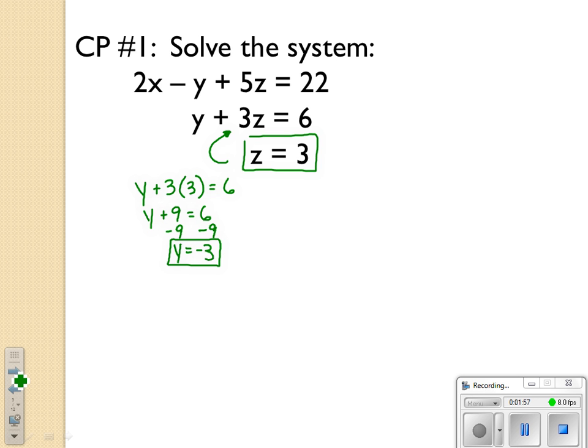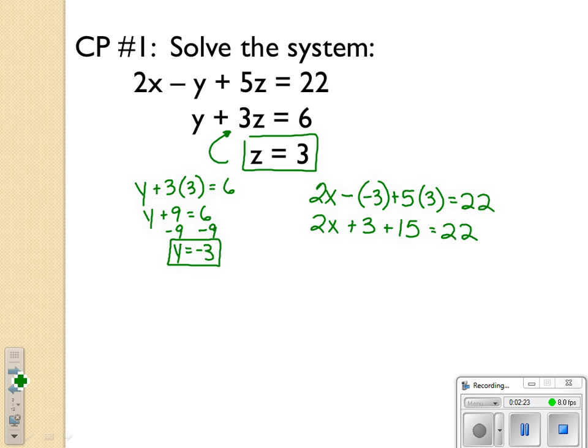Now I have 2. I can use my top equation to find the last one. So plugging the 2 that I have into that top line, I don't have x yet, but now we have y. We already had z, and we can solve. So simplifying. Minus a minus 3. 5 times 3 is 15. Combining like terms, we get an 18 here.